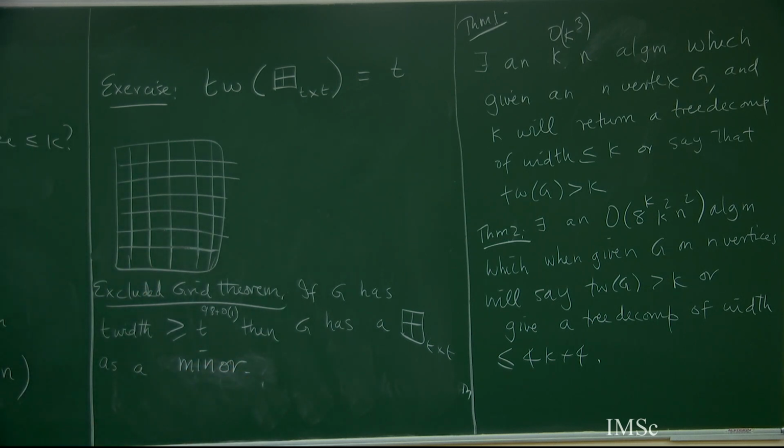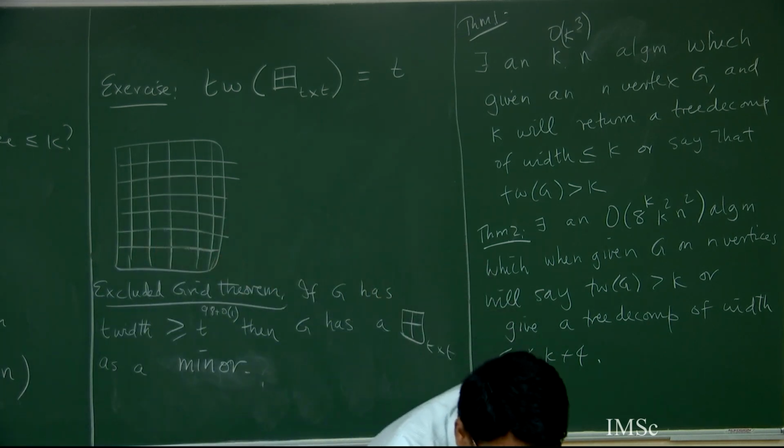Recall what a minor is. You have this big graph, you obtain a minor by deleting some vertices, deleting some edges, and contracting some edges. Then what you get is a minor. Again, we saw yesterday that if the minor has large treewidth, the graph should have a large treewidth. Let me check this number. I think it's t to the power 98.